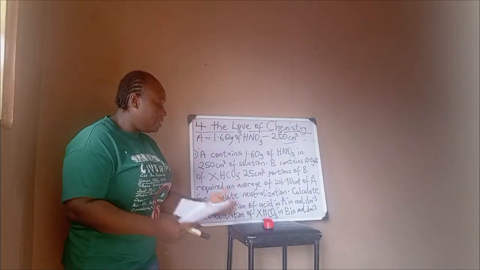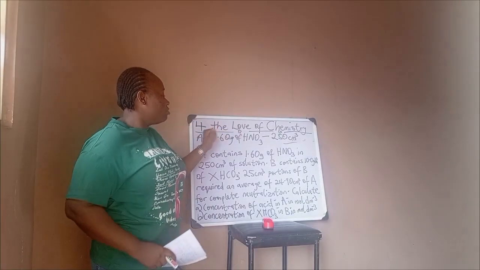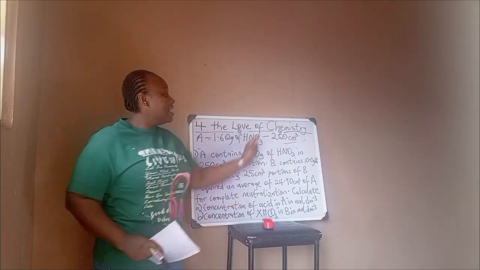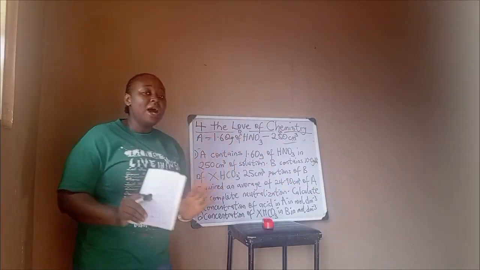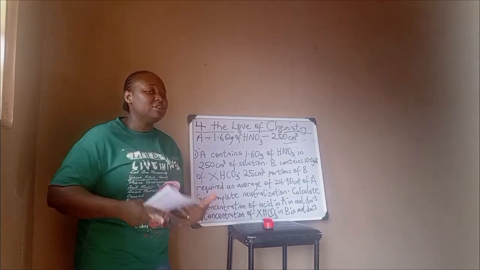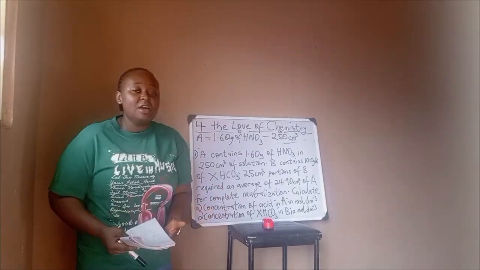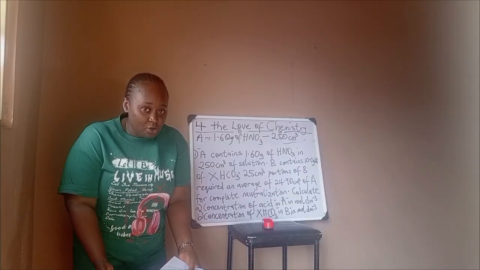So had it been that we are told that A contains 1.6 gram of triazonitrate acid in 1000 cm cube, that would have been our mass concentration. But because it did not tell us it's in 1000 cm cube, but it's in 250 cm cube, then that is not our mass concentration.